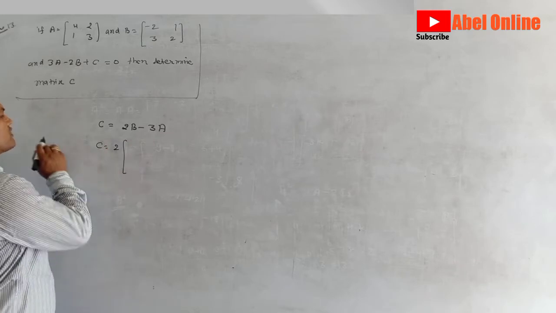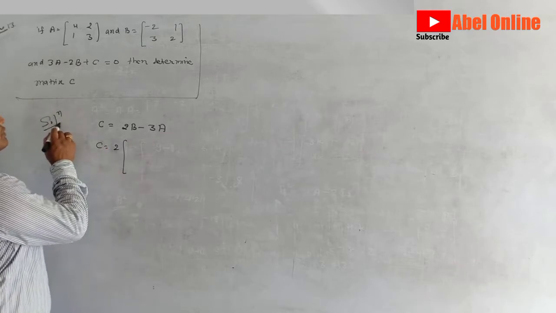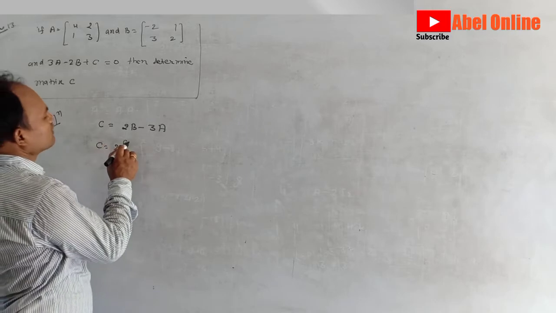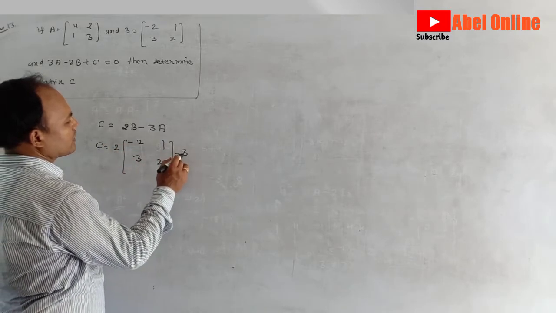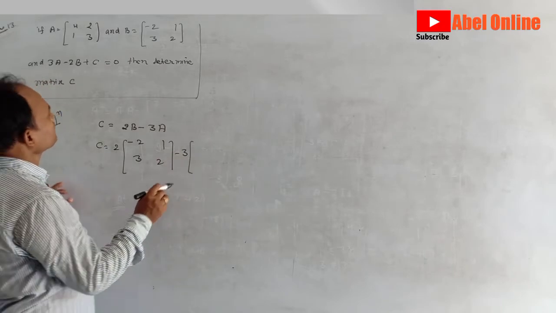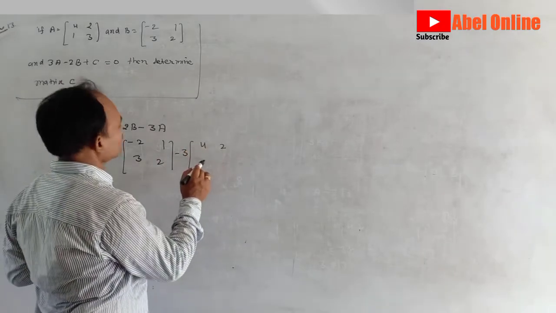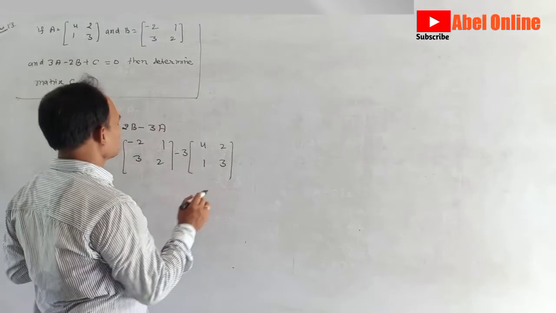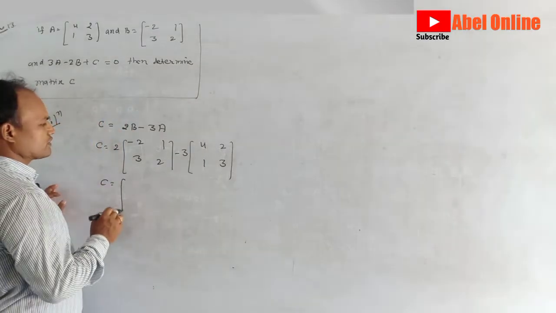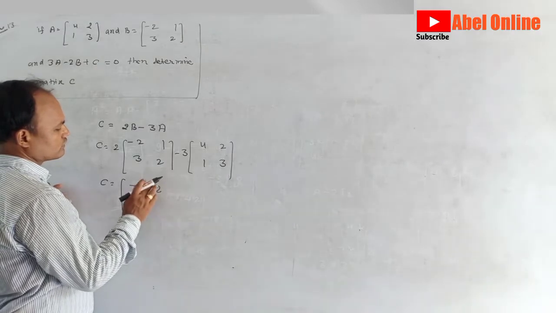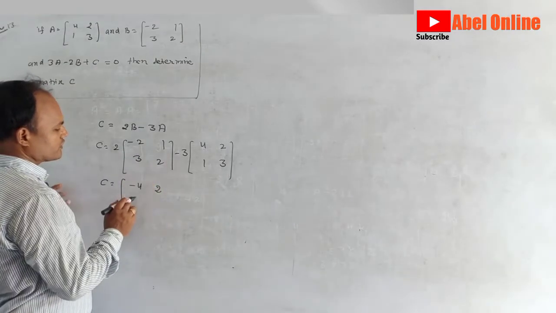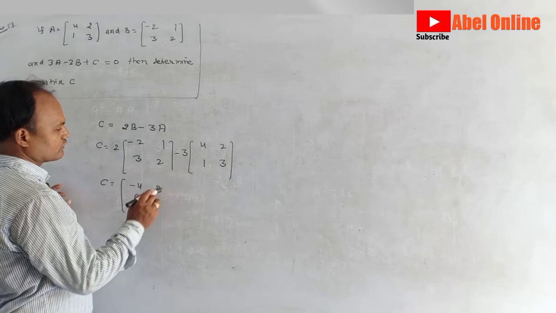The value of B is [-2 1; 3 2] and the value of A is [4 2; 1 3]. So C equals, multiplying by 2, it is -4, 2, 6, 4.